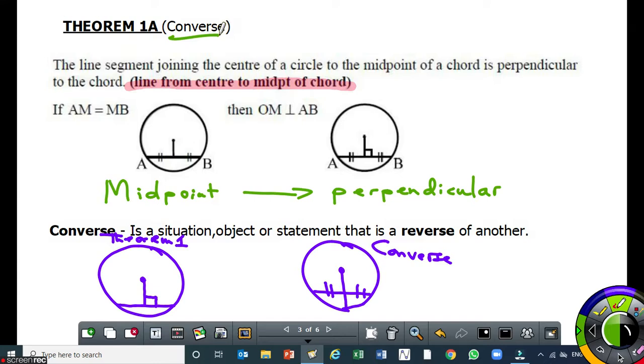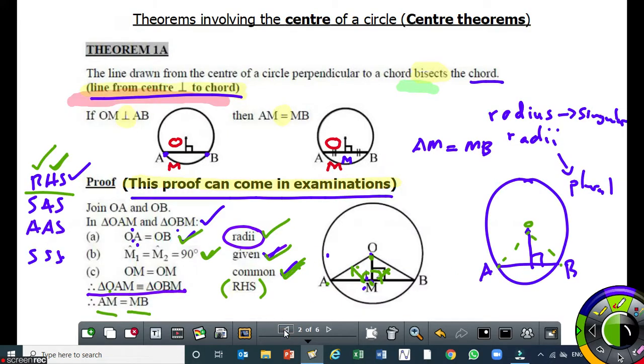In this case, you'll be told that the chord is bisected. In the original theorem, it won't be indicated on the diagram that the chord is bisected.